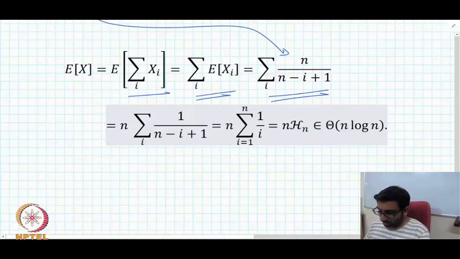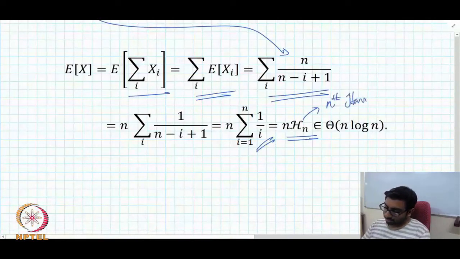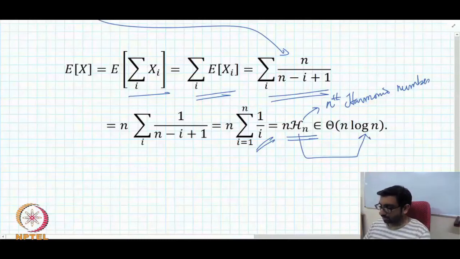Just rearranging the summation terms, you get summation over i of 1 over i, and this is nothing but the nth harmonic number. So you get n times Hn. We know that Hn is roughly log n, so this quantity is theta of n times log n.